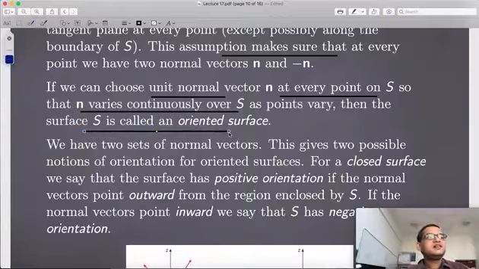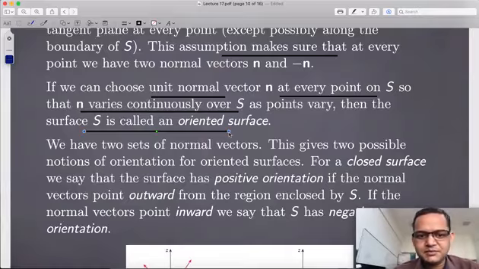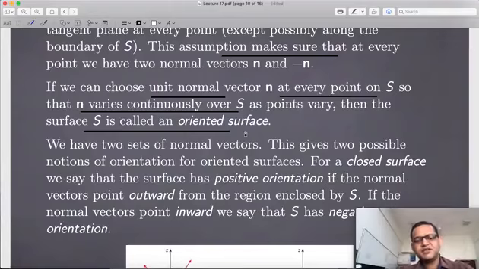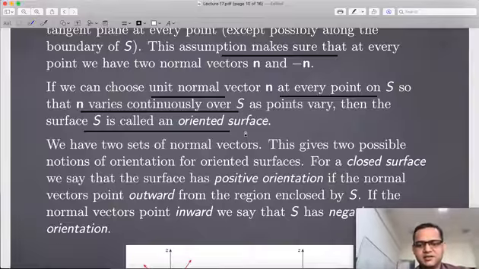All the surfaces which we are going to work with are simple enough, coming from a sphere, or maybe some flat surfaces, a conic surface, a cylindrical surface, and those kinds of things. So these assumptions are always made and we don't have to verify them. All we have to care about is the orientation.